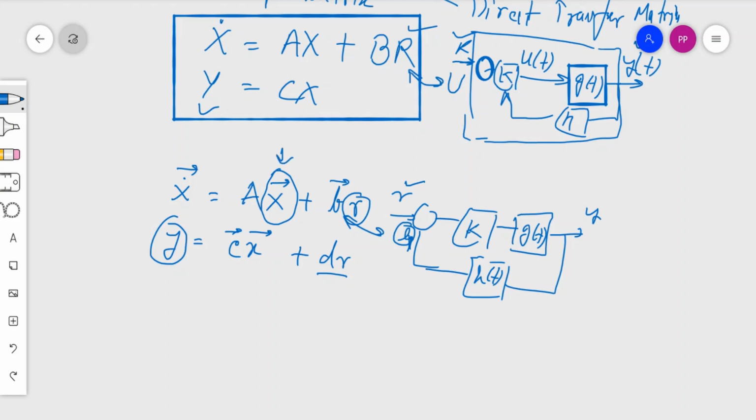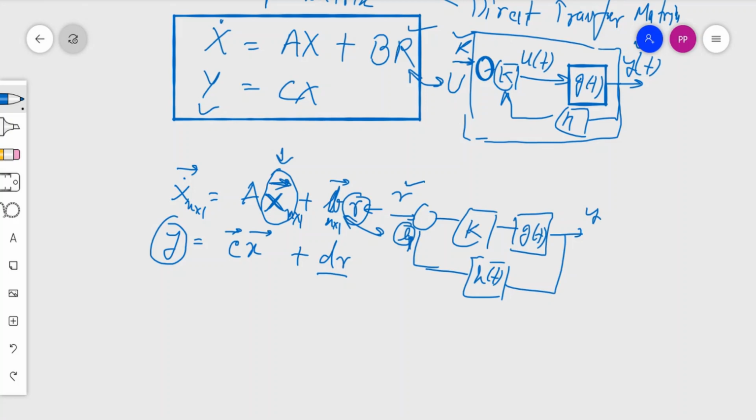So you keep it in bold. Here also, because x is suppose an n by 1 vector, and r is a constant, so naturally b is also an n by 1 vector. So it is represented like this. So be careful, you need not be confused with this.